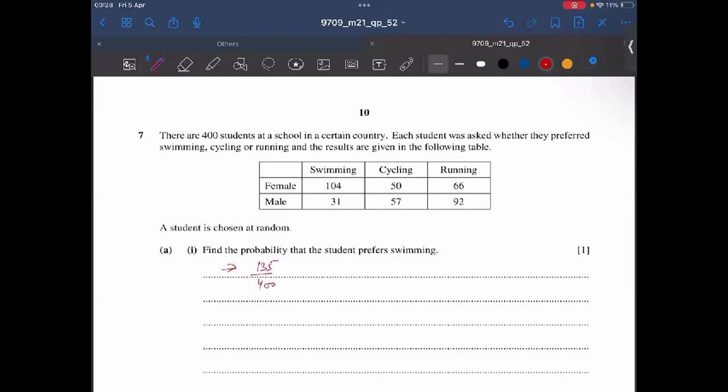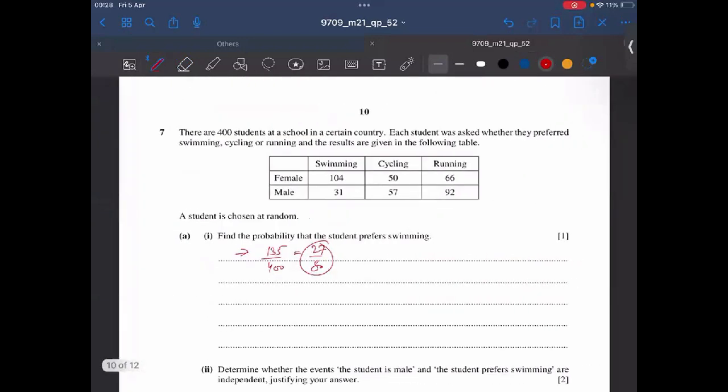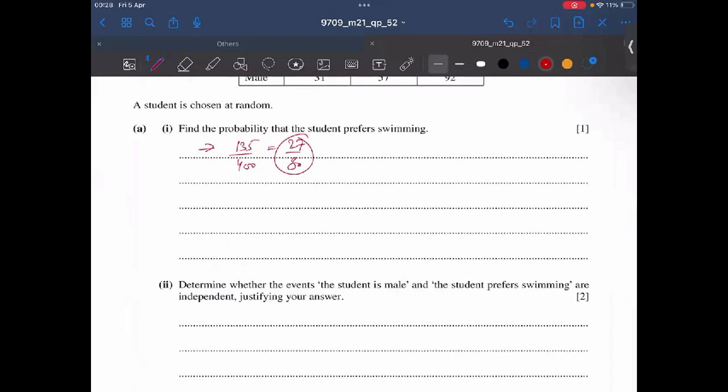All right, 27 over 80. Now next is whether the events "student is male" and "student prefers swimming" are independent.